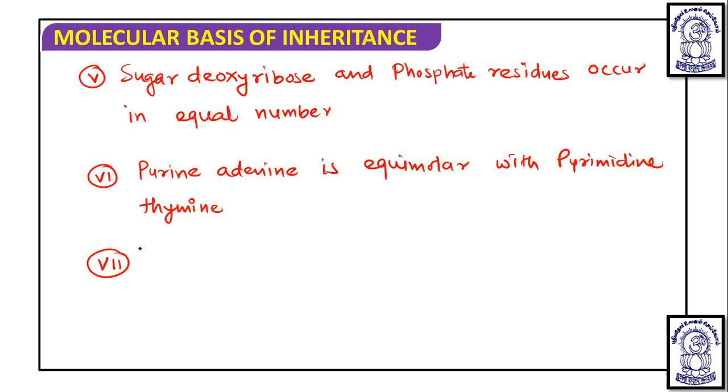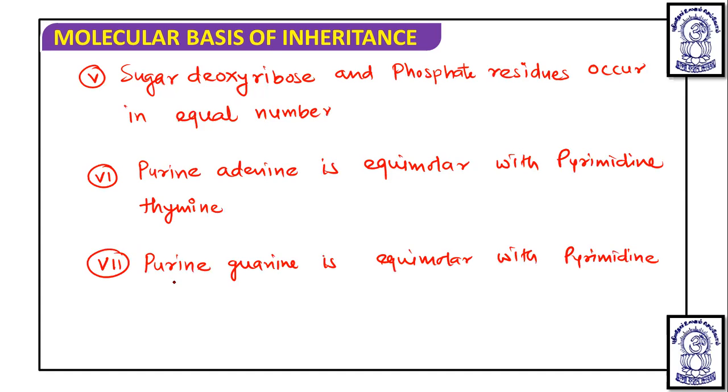And next, the purine guanine is equimolar with pyrimidine cytosine. So these are Erwin Chargaff's rules, and that is the generalization.